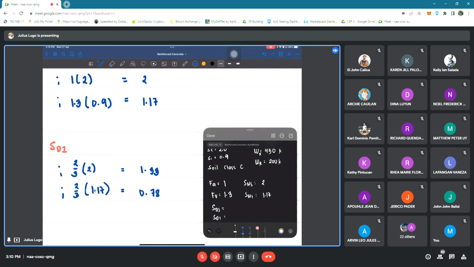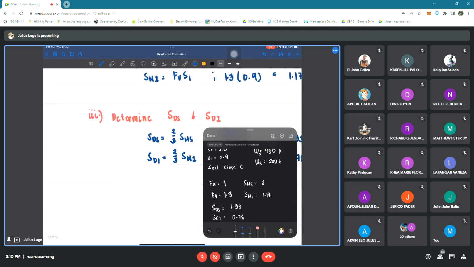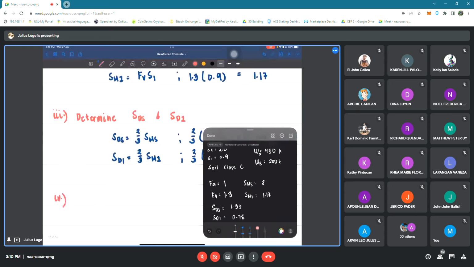The SDS value is 1.33, and your SD1 value is 0.78. Okay, so next step, this is step 4 now. So far clear pa naman, do you guys follow or not? Nafa-follow niyo pa ba?